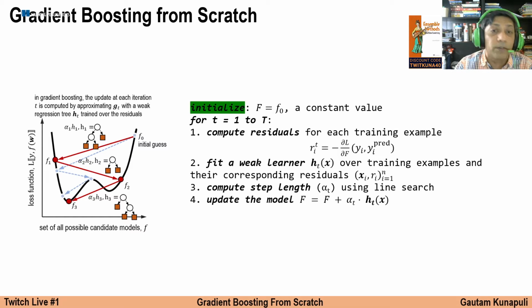This is our first iteration, right? And so our predicted values at this point, at our first guess, are all going to be F0. And we already know what our true labels are, so we can compute the loss. But the loss itself is not immediately helpful, because while it tells us how badly we're doing, it doesn't tell us how we can fix the model, right?